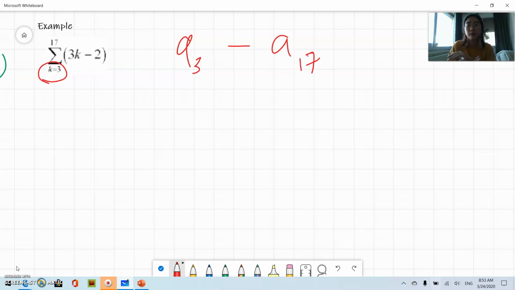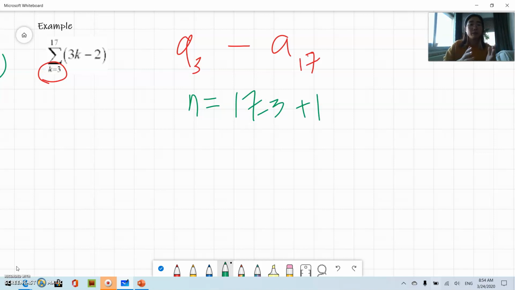We need to rethink about this because my third term acts like a first term, but if I just try to plug in the formula, it wouldn't work because n is not 17. So it would work great if I can find how many terms are between 3 and 17. And to find n, it's always 17 minus 3 plus 1 because it's a counting number, so you always have to add 1.